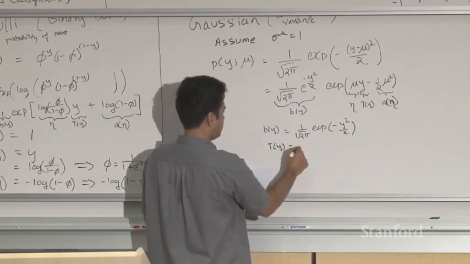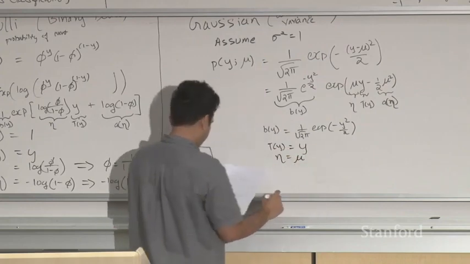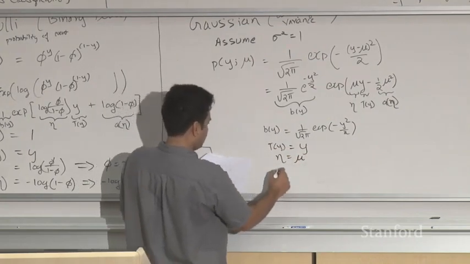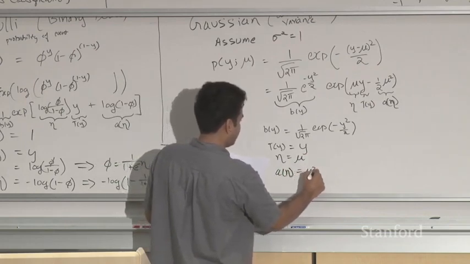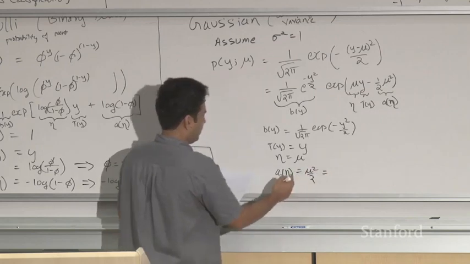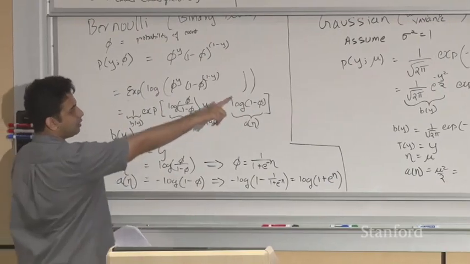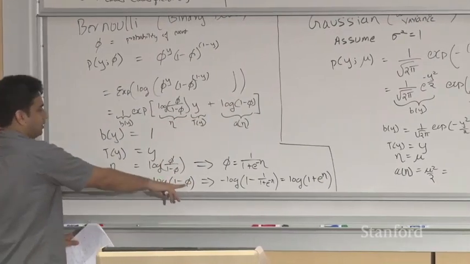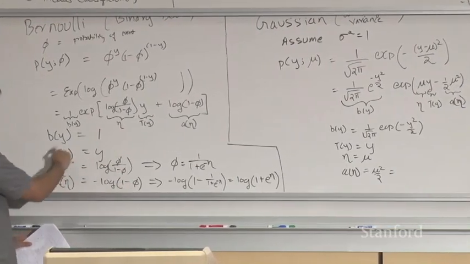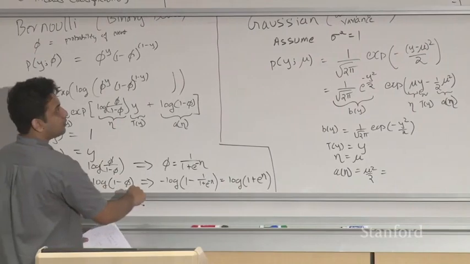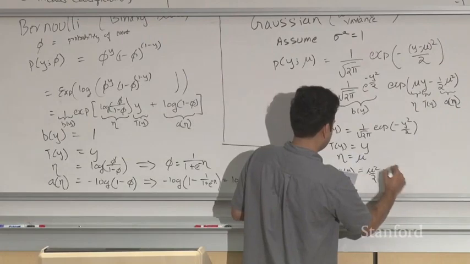T of y is just y, and in this case, the natural parameter eta is mu, and the log partition function is equal to mu square by 2. When we repeat the same exercise we did here, we start with a log partition function that is parameterized by the canonical parameters, and we use the link between the canonical and the natural parameters, invert it, and so in this case it's the same.